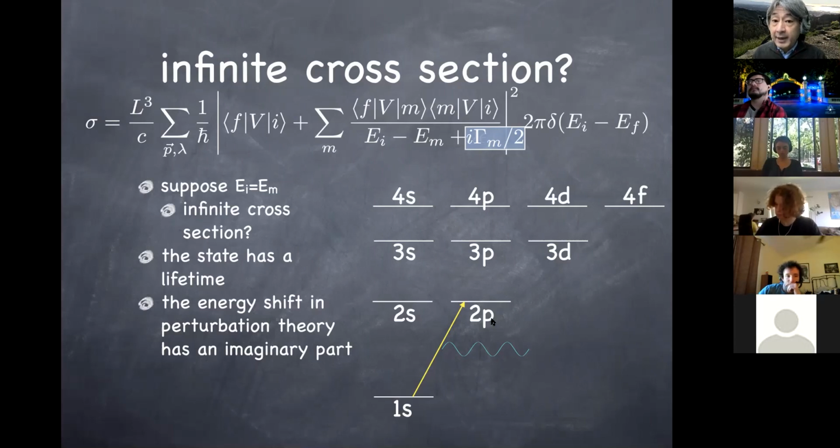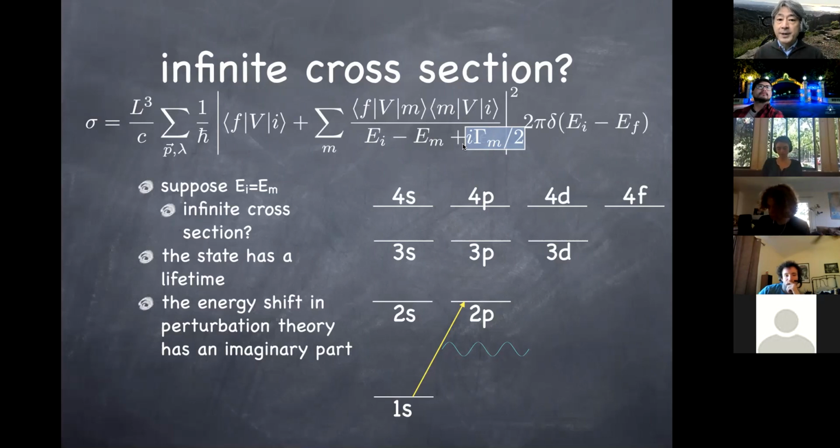And for an unstable state, the energy is not purely real. It has a slight imaginary part that corresponds to the decay rate over 2. And by correctly putting in the energy of the 2p state, including the imaginary part, the cross-section no longer diverges. It's finite, even when E_i minus E_m is precisely 0, and you get a finite cross-section.